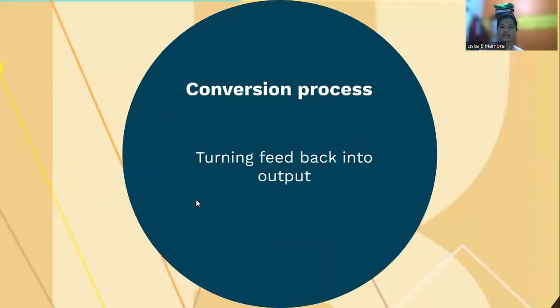the conversion process. Okay, so in this conversion process, it is about turning feedback into output. So the feedback can be from your team or can be from your existing customer.